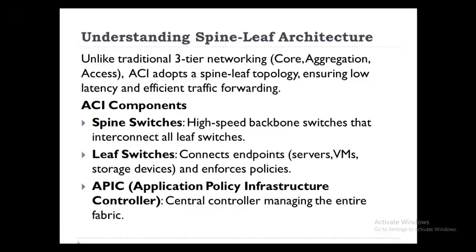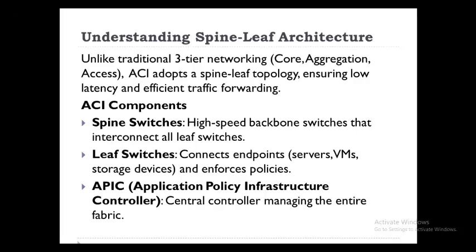As I said, the spine is acting as a backbone. Spine is not going to connect to any end device, any of the hosts, because it's the backbone of the fabric. Spine will be connected only to the leaves. All the leaves connect to the spine on the top and the hosts at the bottom.